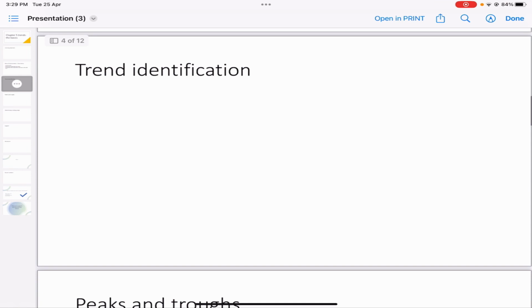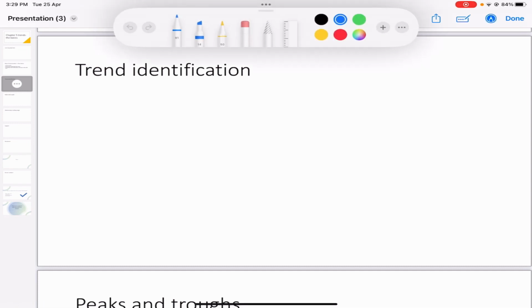Now we begin with the most interesting concept, which is trend identification. How do we determine a trend? Trend is a direction rather than a line. This is one thing we need to keep in mind. The trend is a direction and not a line. If we look at the chart, if the price is going up, it goes up like this.